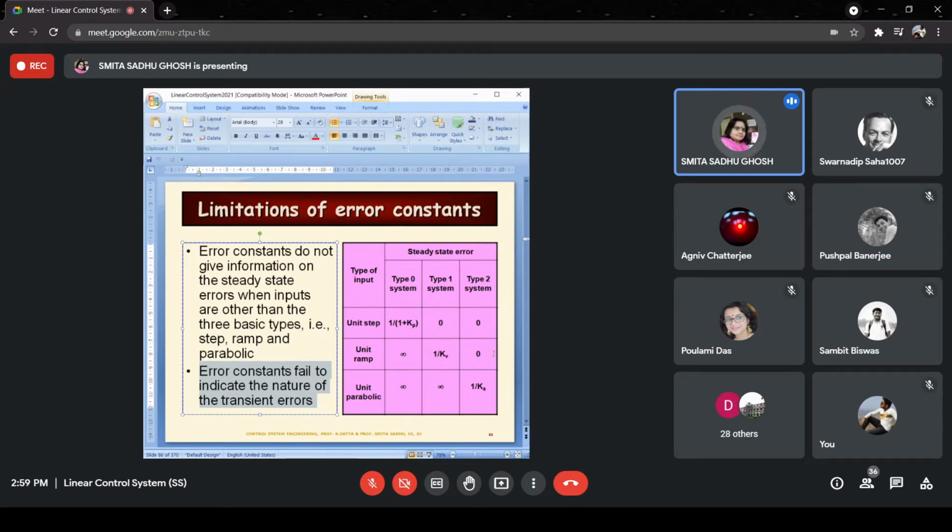The transient portion naturally has a difference with the input that is applied. That is known as the transient error. It is a dynamic error which keeps changing as the response goes up and down, so transient errors cannot be obtained by applying the concept of error constant.